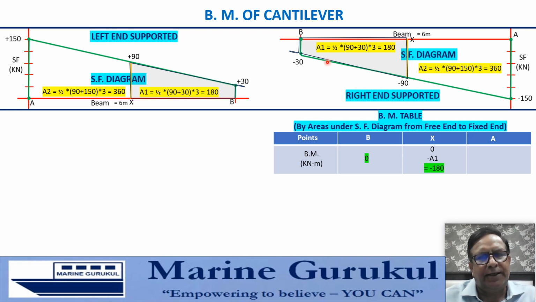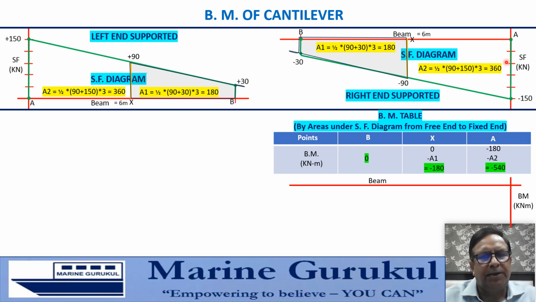So BM at X would be minus 180. We carry forward minus 180 and then from X to A, the change would be minus 360, making it minus 540 at A.